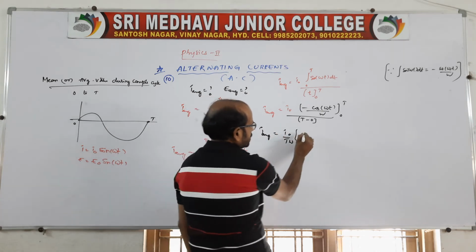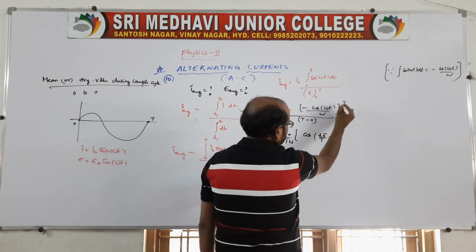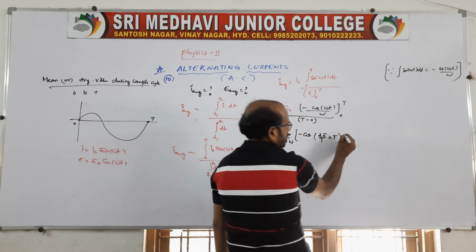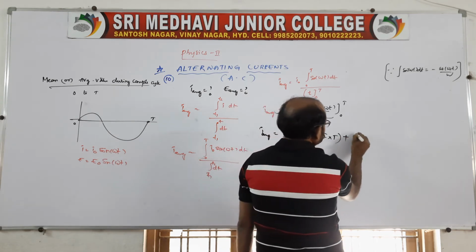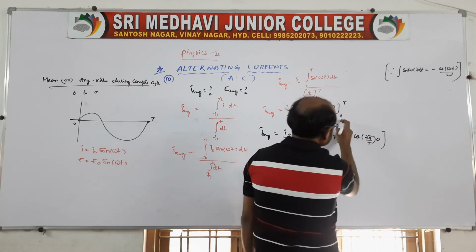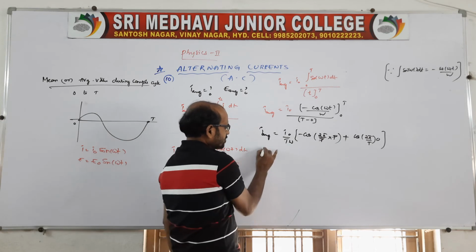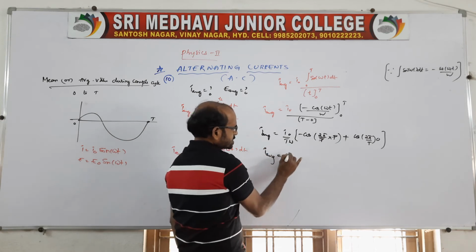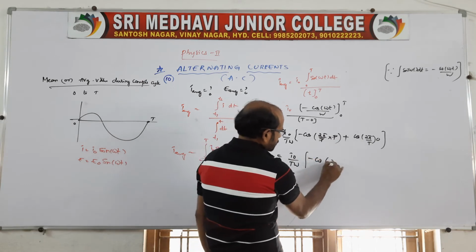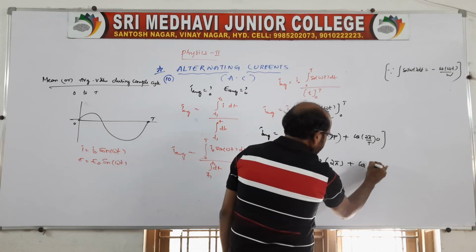Now cos 2 pi by capital T, because omega into T, minus is there, again minus of minus plus cos of omega into 0, because 0 is there. So I average is equal to I naught by T omega times minus cos 2 pi plus cos 0.